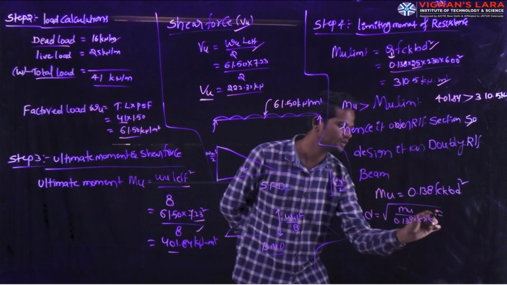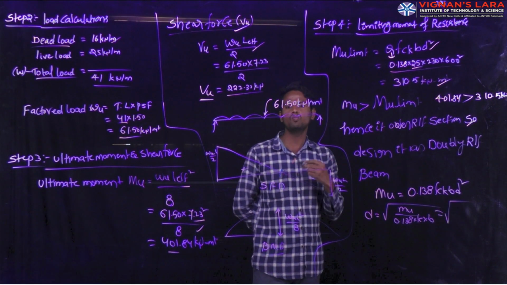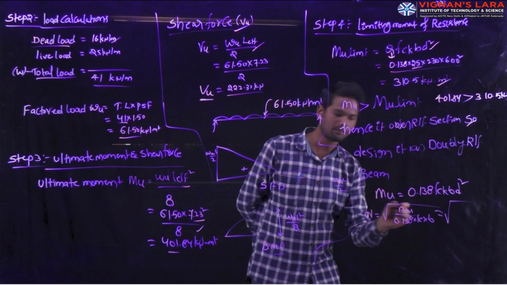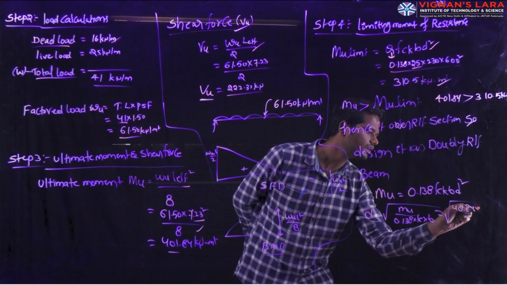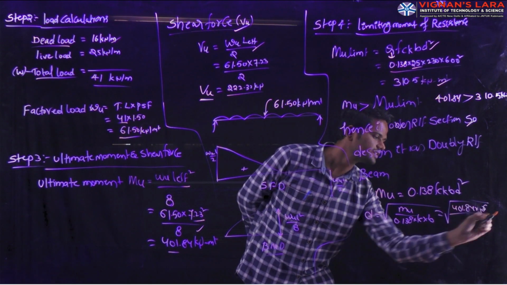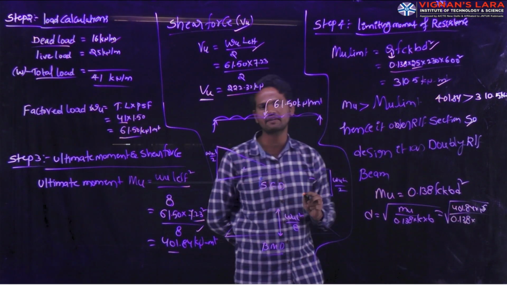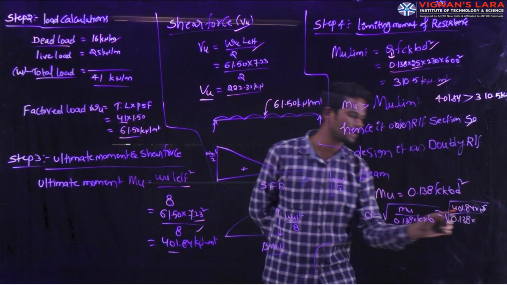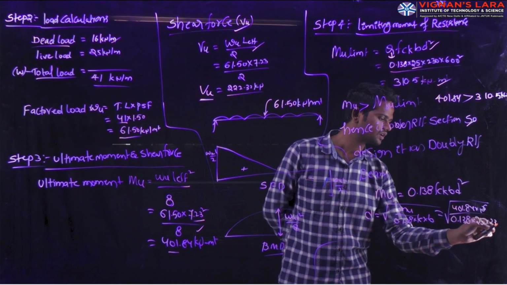If you substitute here, the required effective depth will definitely be more than the provided. Mu is 401.84 into 10 power 6, divided by 0.138 into fck, the characteristic strength given in the problem as 25, and the width of the beam as 230 mm.